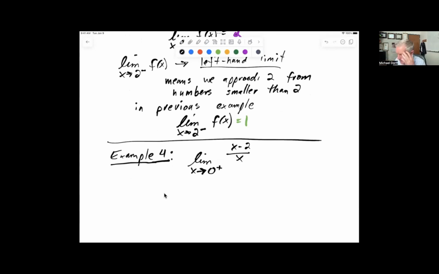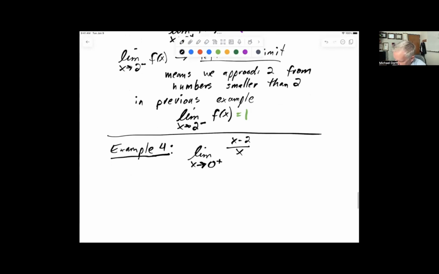So what is that limit? Well, as I get really close to 0 in this function from the right, I notice that my denominator is getting really close to 0, but my numerator is getting really close to -2. So the numerator is getting close to -2, and the denominator is getting really close to 0.